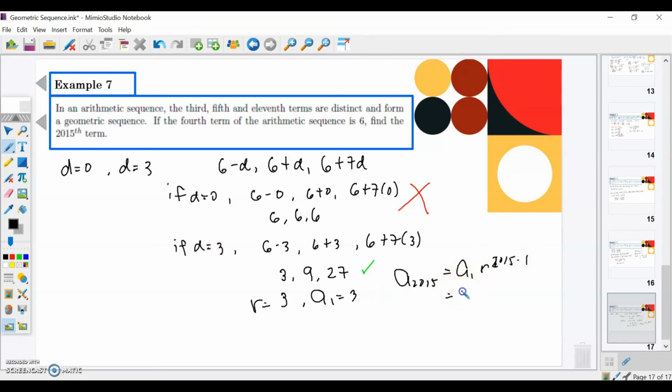Our first term is 3. Our common ratio is 3. We raise it to 2014. And this is equal to 3 raised to 2015. So meaning the 2015th term of the geometric sequence is 3 raised to 2015. And then that's it. We already answered the problem.